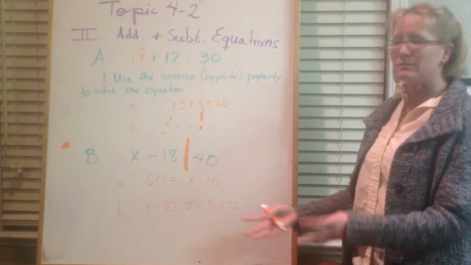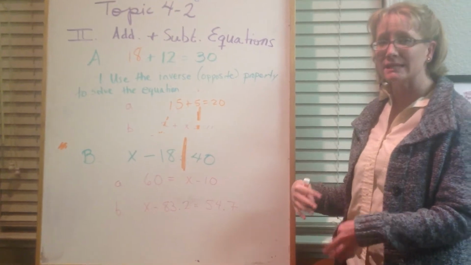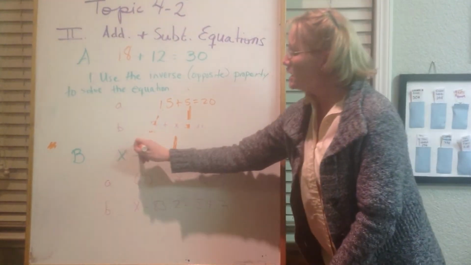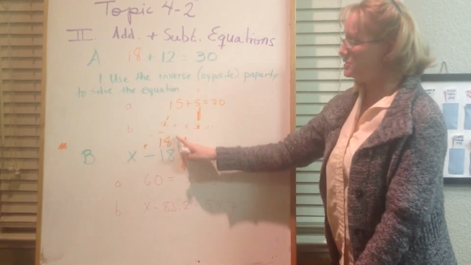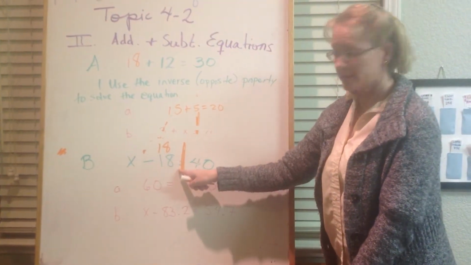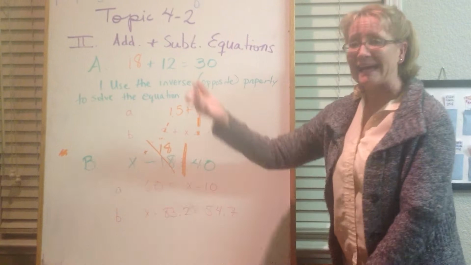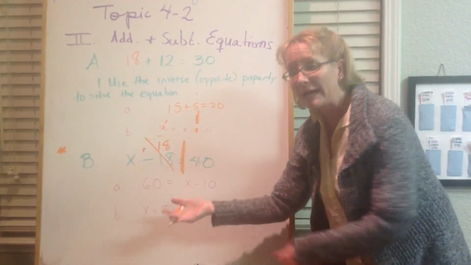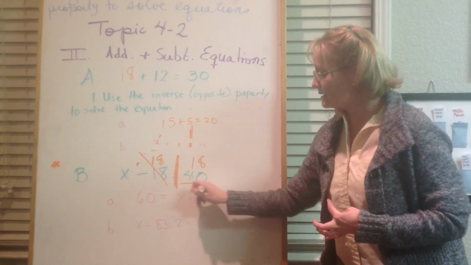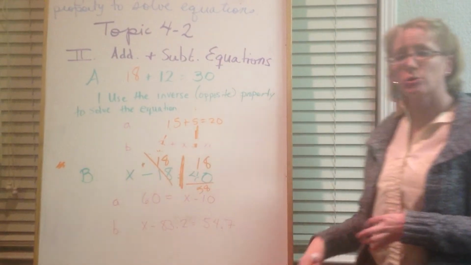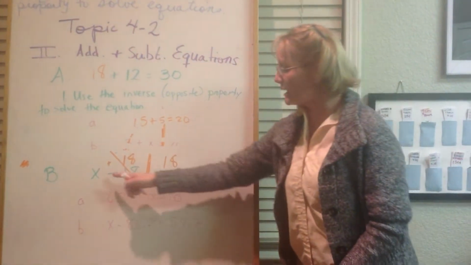Well, what's the opposite of subtracting 18? It would be adding 18. When I add, I like to put the number on top. So how much is 18 minus 18? It's 0. It's gone away. But since I added 18 to this side, I have to add 18 to the other side. And I get 58.